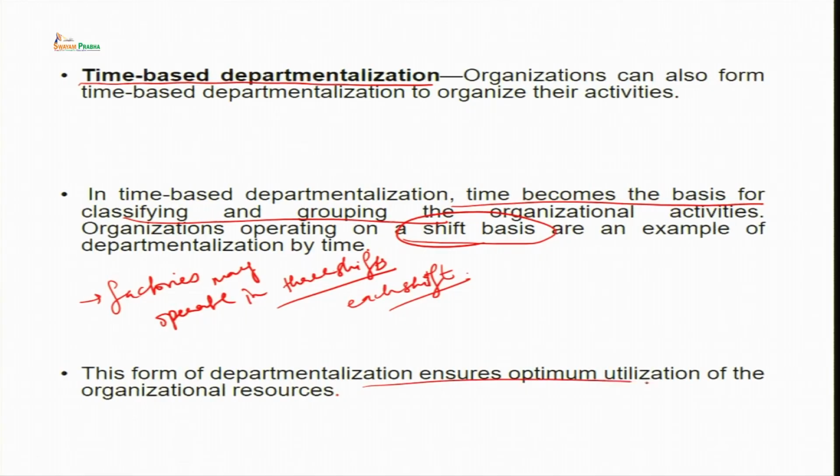And this form of departmentalization ensures, so this is the merit of it, optimum utilization of organizational resources, as even though each type of department can bring some benefits to the organization, the management must choose this type of structure for departmentalization, because it uses the optimum utilization of organizational resources.